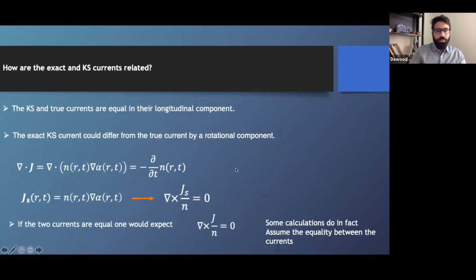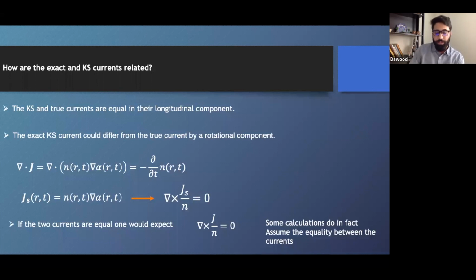Moving further, one final question that we ask is, how closely does the Kohn-Sham current reproduce the exact current in the case that we consider? Now, it has been known in the context of TDDFT that the exact Kohn-Sham current could, in principle, differ from the true current by a rotational component.